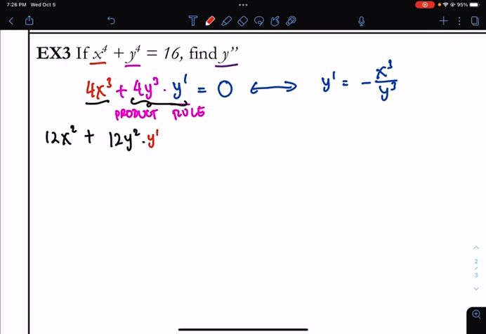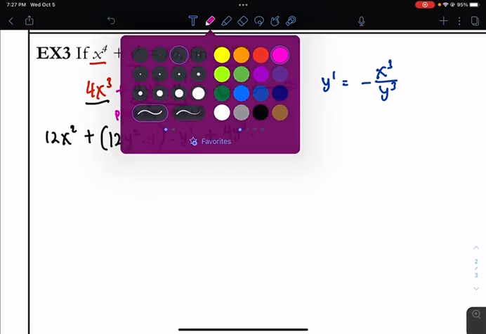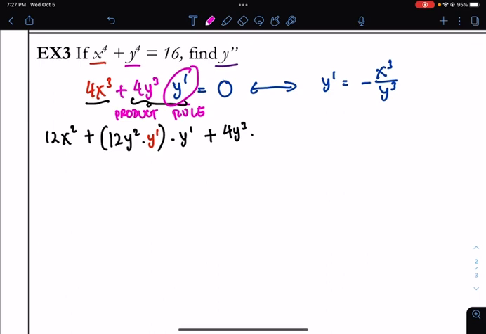Okay, so this is the tricky part. Even me, I forgot to multiply by y prime a lot of times. Multiply by y prime, plus 4y cubed multiplied by, because we already have the first derivative of y, so this becomes the second derivative of y.